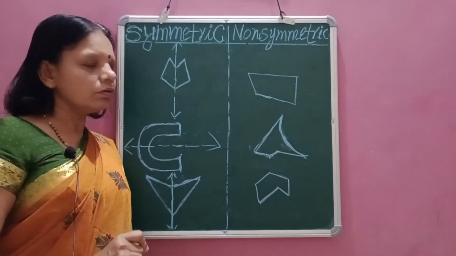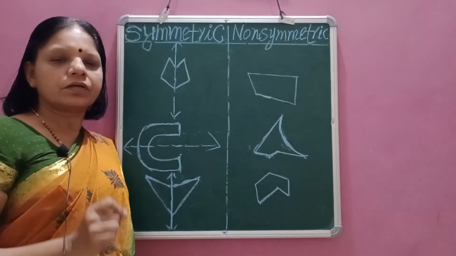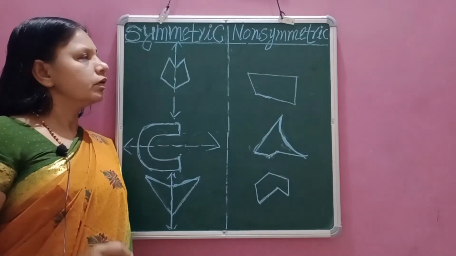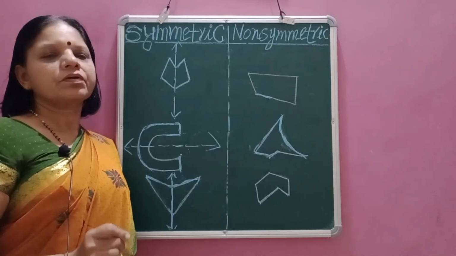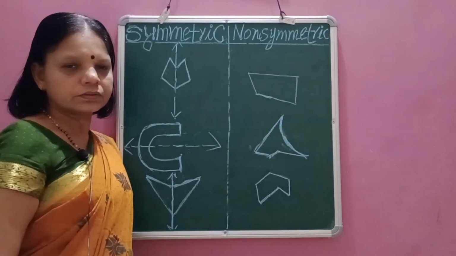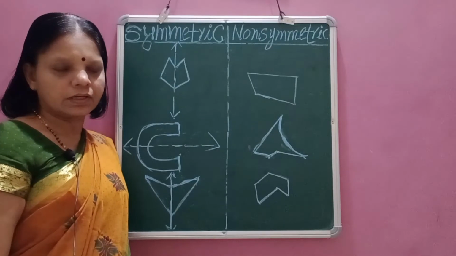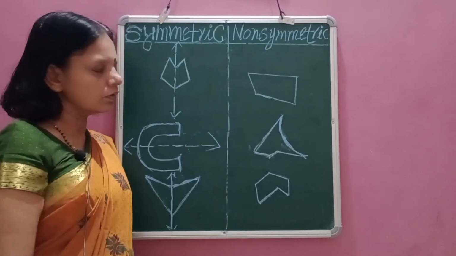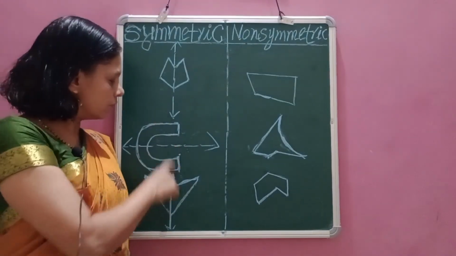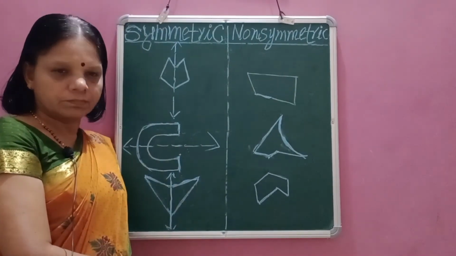But if no axis of symmetry or line of symmetry is there for a figure, then they are said to be non-symmetric. So these figures are all non-symmetric. We cannot draw a line which divides the figure into two congruent halves, and these figures are symmetric.